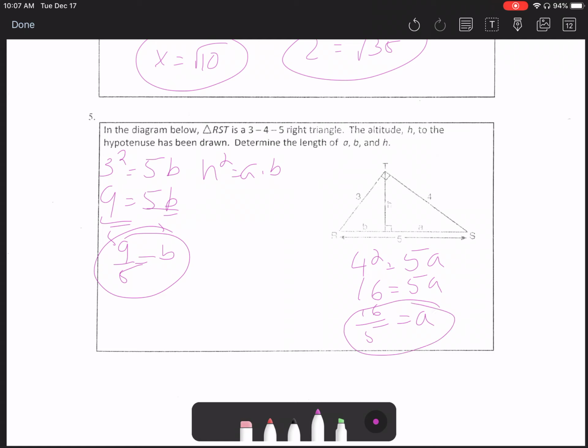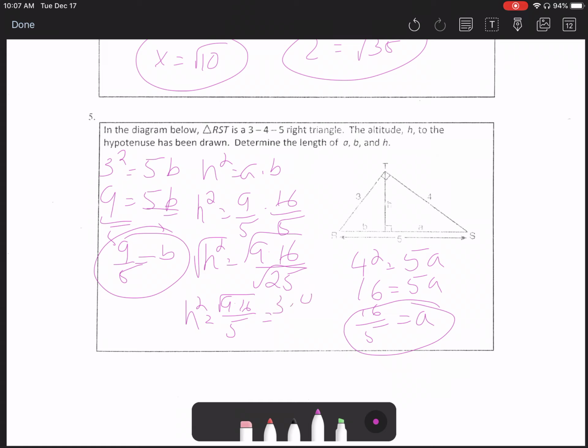Well, now that I know a and b, I can find h. So this is h squared equals 9/5 times 16/5. I multiply across, but since I don't have a calculator, I'm just going to leave it unsimplified. So this is 9 times 16 over 25. I take the square root of each side. The square root of 9 is 3.